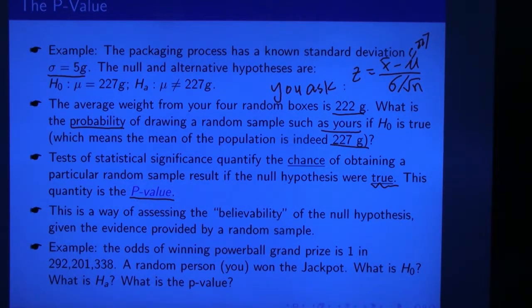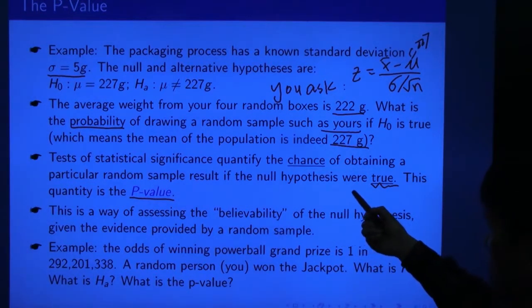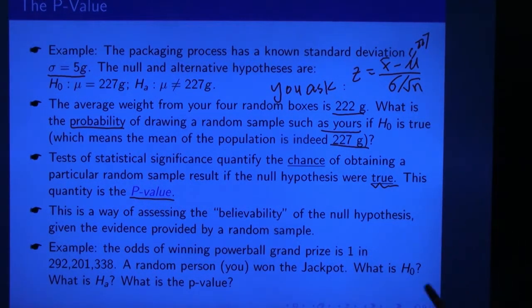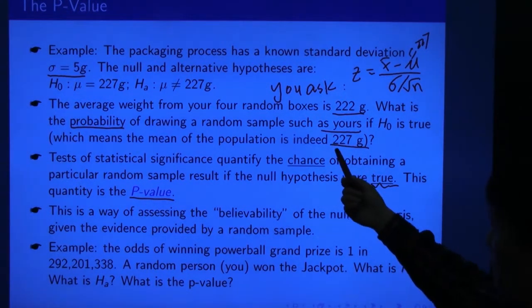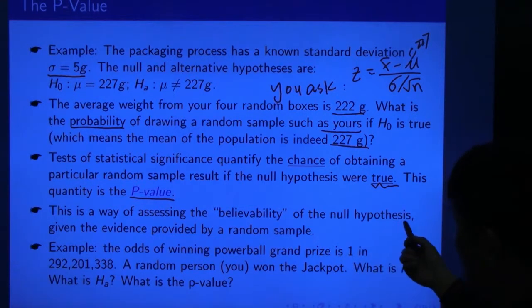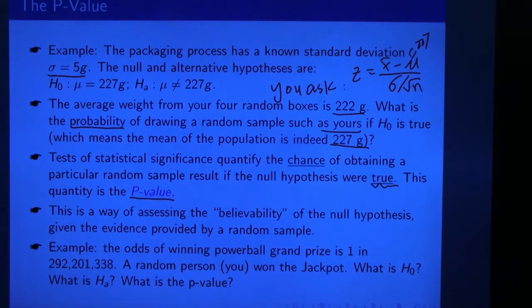The problem is your hypothesis that the population mean equals 227 may not be correct. But if this p-value equals 50%, that means it is very likely you get a random sample like yours if the population mean equals 227, so your null hypothesis is believable, is likely.